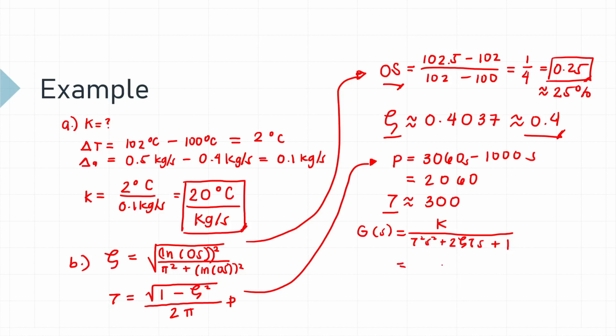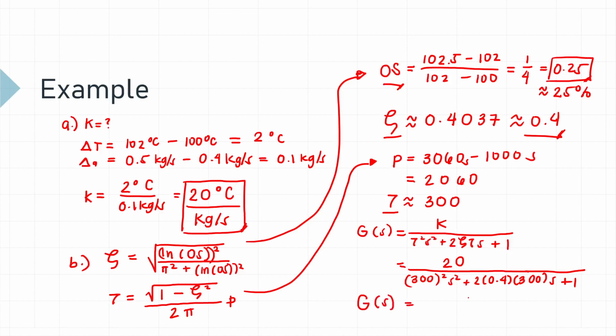Then we just have to write, remember k from the previous example is 20. So that's 20 over 300 squared s squared plus 2 times 0.4 times 300 s. Plus 1. Our final complete transfer function should look like this.